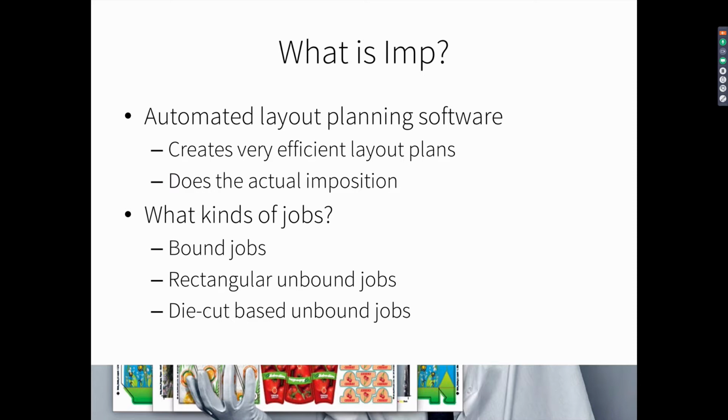If you're doing business cards or folders that are rectangular, then Imp can do ganging of those jobs. And it can also handle irregularly shaped jobs, so jobs that have a die cut in it. And it goes as far as to support label workflows, packaging workflows, and all the features that are necessary for those particular workflows.